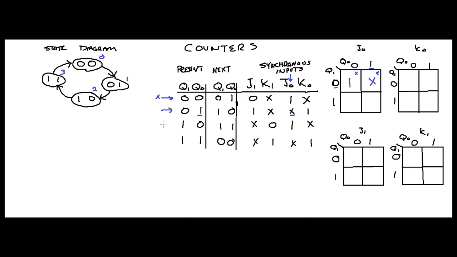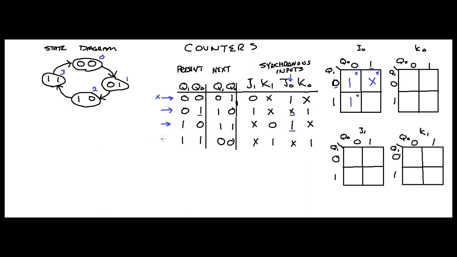Now let's do the next one. When Q0 is 0, it means you're in this column right here. And Q1 is a 1, that means you're in this cell right here, okay? Q0 is a 0, Q1 is a 1, you're in that cell. The value that goes in there is a 1, right?